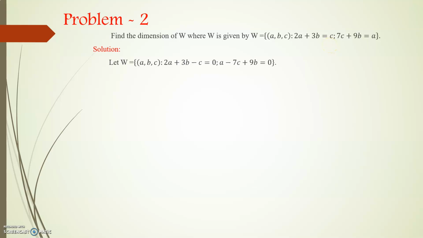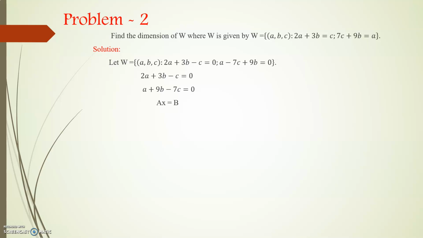Solution: let W equal (a, b, c) such that 2a plus 3b minus c equals 0, and a minus 7c plus 9b equals 0. Write the equations 2a plus 3b minus c equals 0, and a plus 9b minus 7c equals 0.